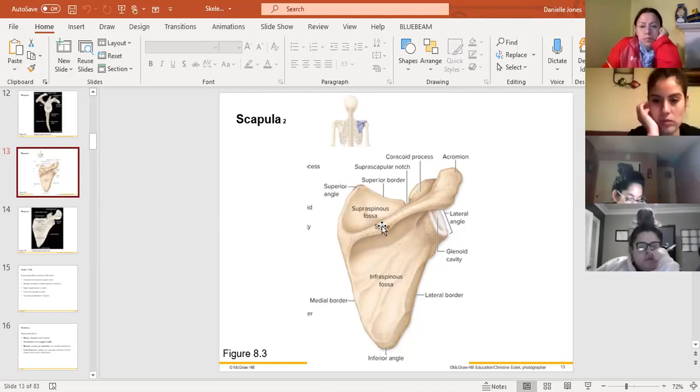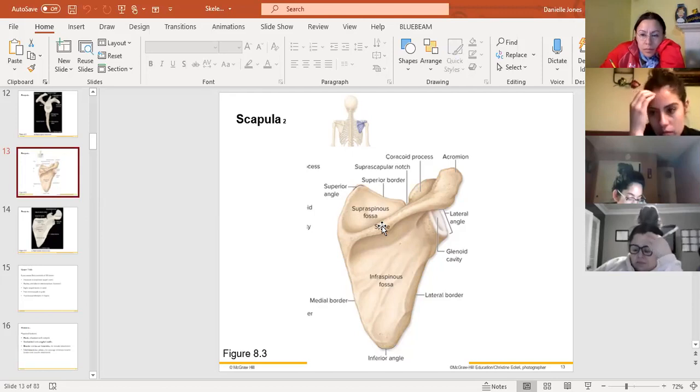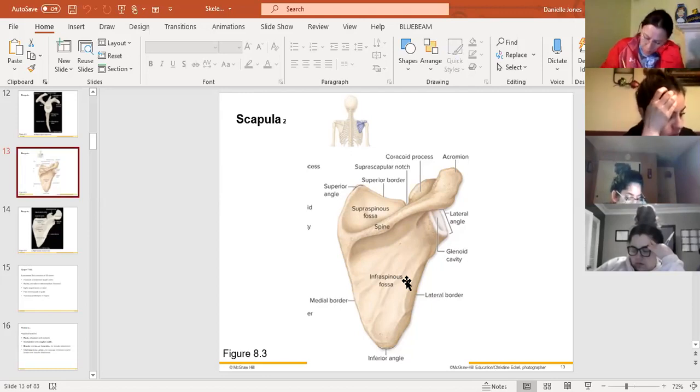Now this goes the same for down here, the infraspinous fossa. It's another shallow depression, infra for inferior to the spine, and it's a fossa. See how that works? It's all telling you exactly where it's at. And then of course too, you have the spine, and then you have the acromion right over here.